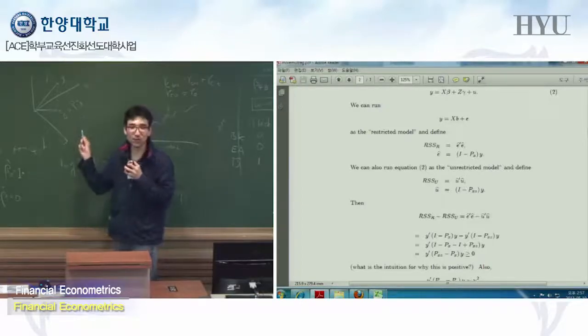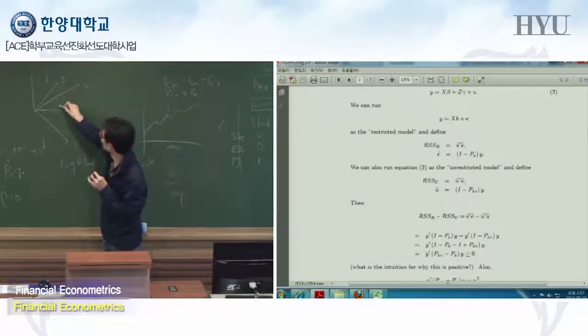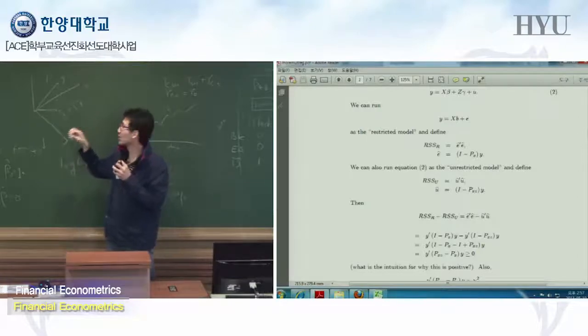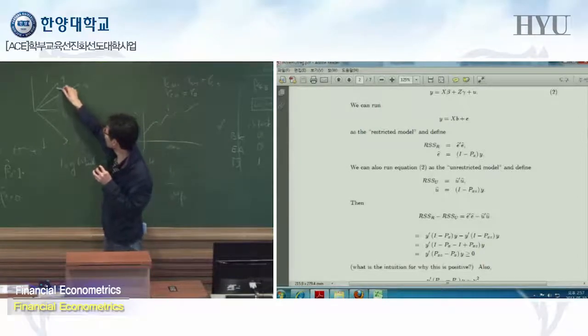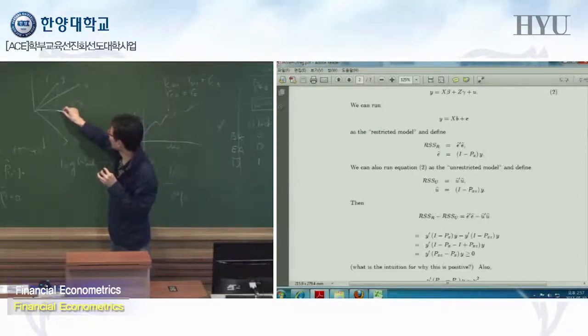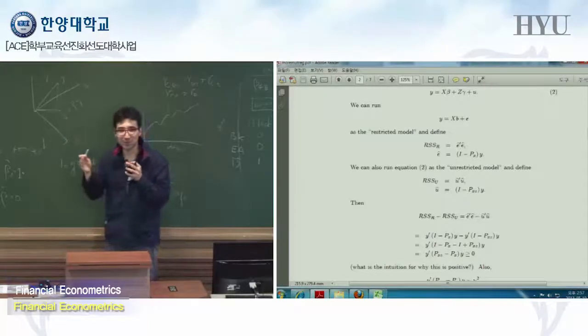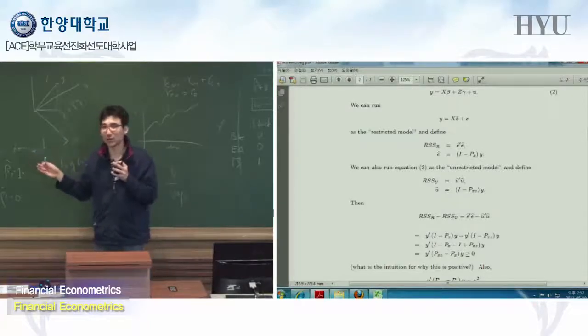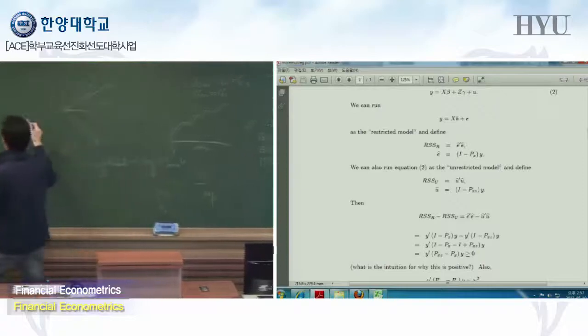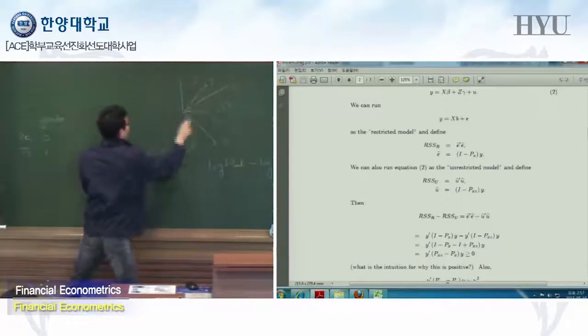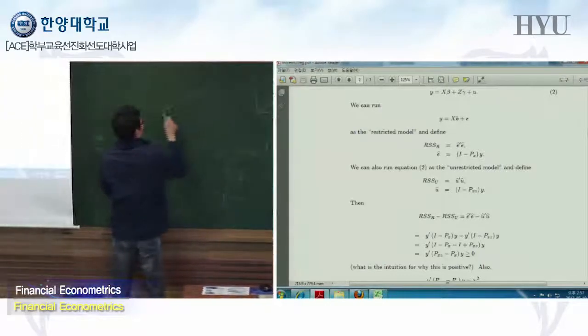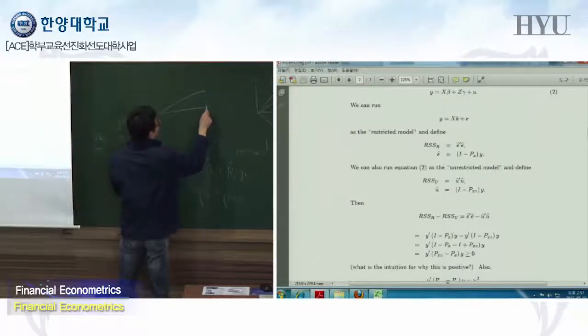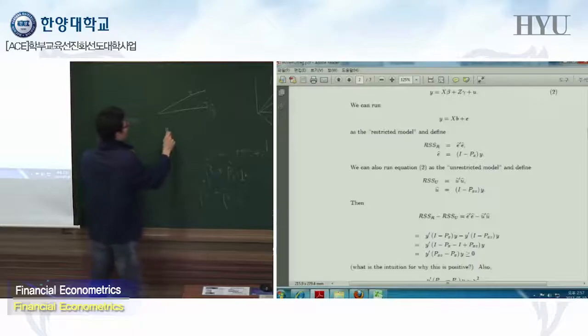If it is a good fit, then the distance gets smaller and smaller, right? If this distance is smaller and smaller, then this y hat becomes longer and longer, right? So if we have a good fit, let's take a look at this triangle only, okay?